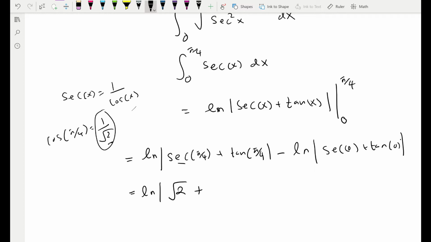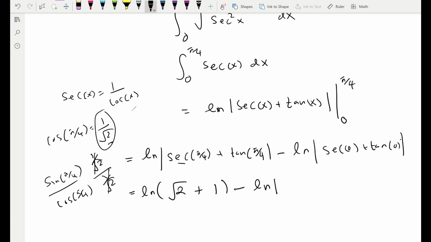Plus tangent pi over 4, which is sine pi over 4 over cosine pi over 4. Sine pi over 4 is also 1 over square root 2, and cosine pi over 4 is also 1 over square root 2, so if you cancel them out, you get 1. You don't need the absolute value here because square root 2 plus 1 is a positive number, so there's nothing negative to make positive.